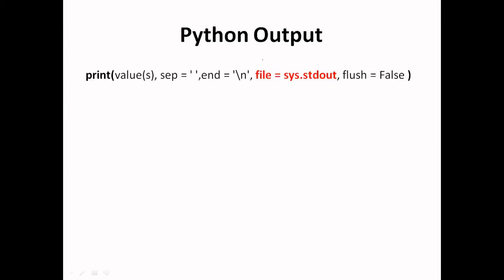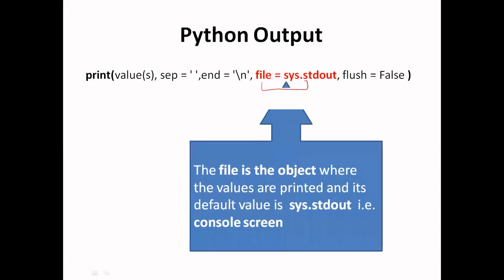The next keyword argument is the file object, which is set to the system's standard output device, which is our console screen. So basically these values will be printed where this file object points. By default it is set to the standard output device, which is our console screen.